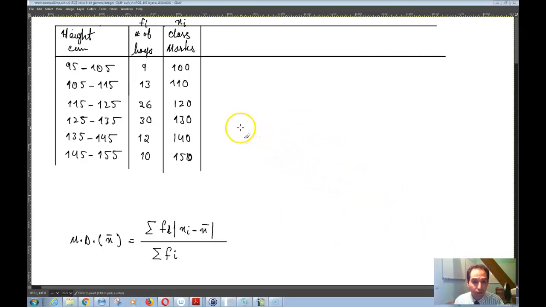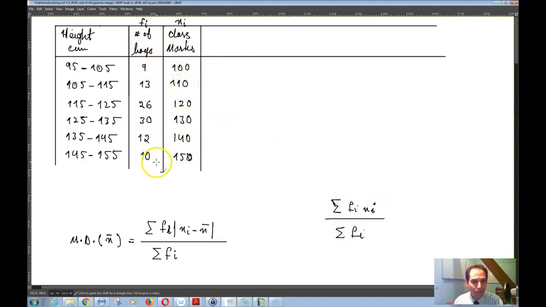That doesn't really matter. So now I need to find x bar. Basically the formula was sigma f of i x of i over sigma f of i.